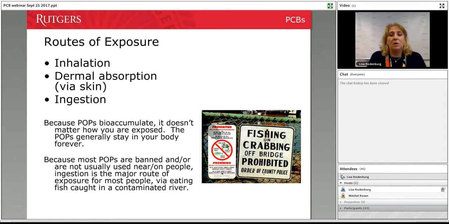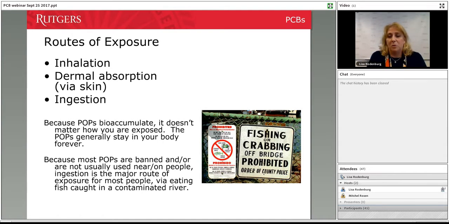Now you can also be exposed to PCBs through inhalation. Obviously, that's only going to be a problem if you're perhaps working in a building that was built with PCBs in the building material. And again, we're going to talk about PCBs in schools toward the end. So inhalation can be an important route of exposure if you happen to work or live in one of these buildings. And there is the possibility for dermal absorption.